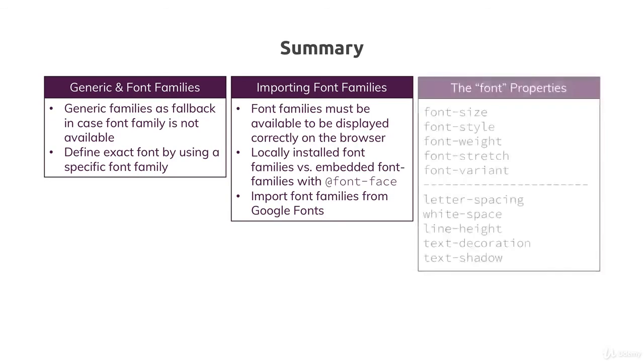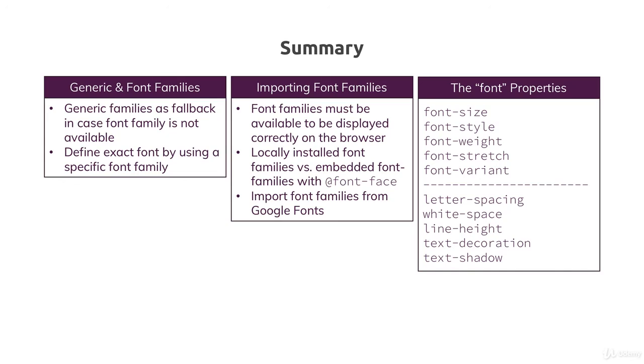Another thing we had a look at are the font properties. I will not dive into each property again, but we saw all of that. We saw the font size, the font style, which allowed us to create an italic style, for example. We had a look at the weight and about the importance of adding different font faces for our weight. We saw font stretch, which is very well supported by browsers, but not that perfect from a font family availability perspective.